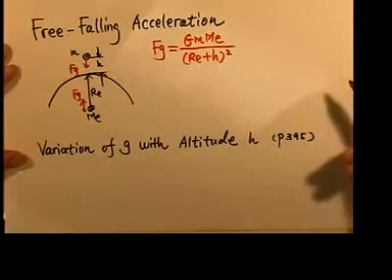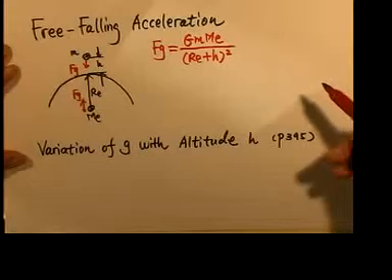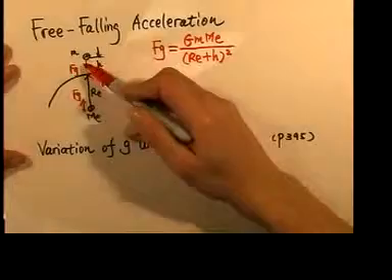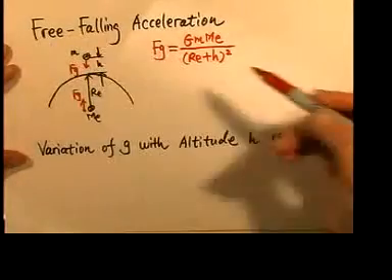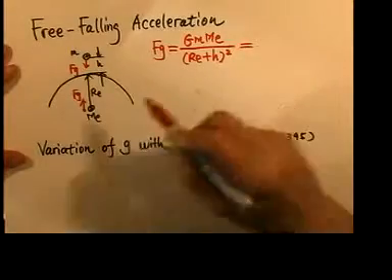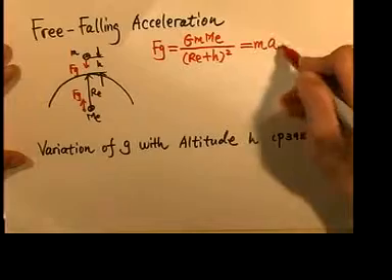Now we learned that if there's a force on the object, and we ignore air friction, when this object falls, that's the so-called free fall, and it will cause an acceleration. This is a force on little m, so little m is going to have an acceleration.